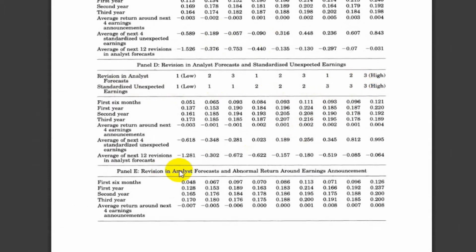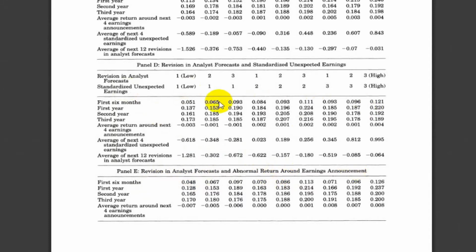And down at panel E, we first rank by the abnormal return around earnings announcements, and then by the revision in analyst forecasts.